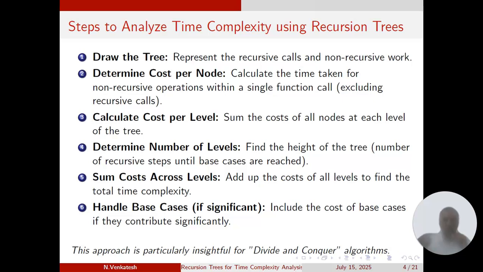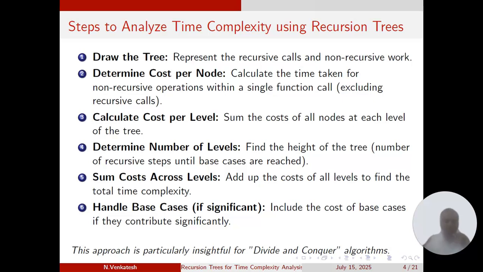Depending on the number of recursive steps required to reach from the root to the leaves, we can find out the number of levels. Once we know the number of levels and the cost for each level, we can calculate the total cost. The total cost gives you the total time complexity.